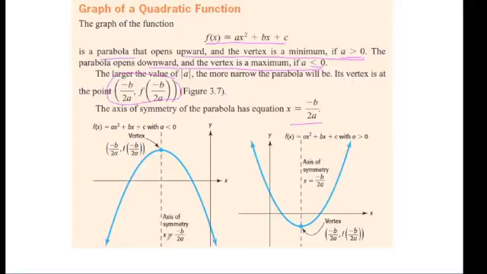The axis of symmetry is x equals negative b over 2a. Over here, f of x equals ax squared plus bx plus c, but a is greater than 0. Now it opens up. The vertex is still negative b over 2a, and f of negative b over 2a. The axis of symmetry is x equals negative b over 2a.